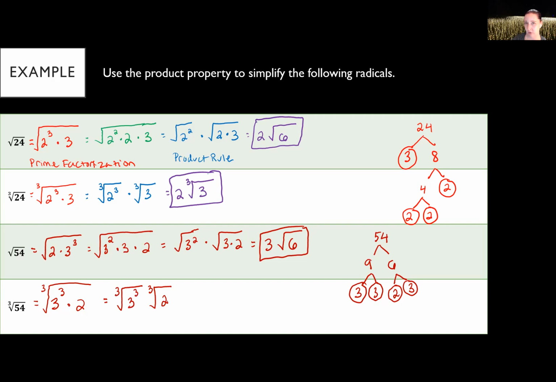Then that cubed root cancels out the 3 cubed and we're left with just the 3 outside. And then I have the cubed root of 2. So this is the procedure that you do for simplifying all of these things. And this is just using the product property. Are there any questions?